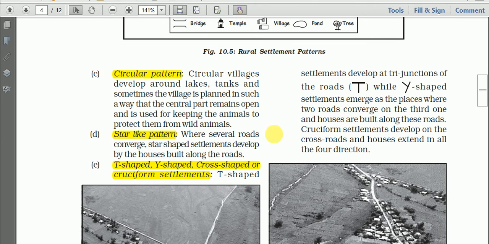Next we have T-shape, Y-shape, cross-shape, or cruciform settlements. Here T-shape settlement develops at the tri-junction of roads, while Y-shape settlements emerge at places where two roads converge on a third one, and houses are built along these roads.